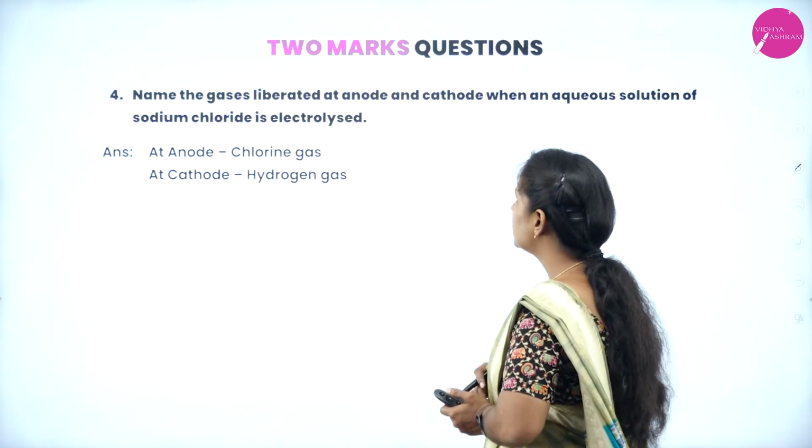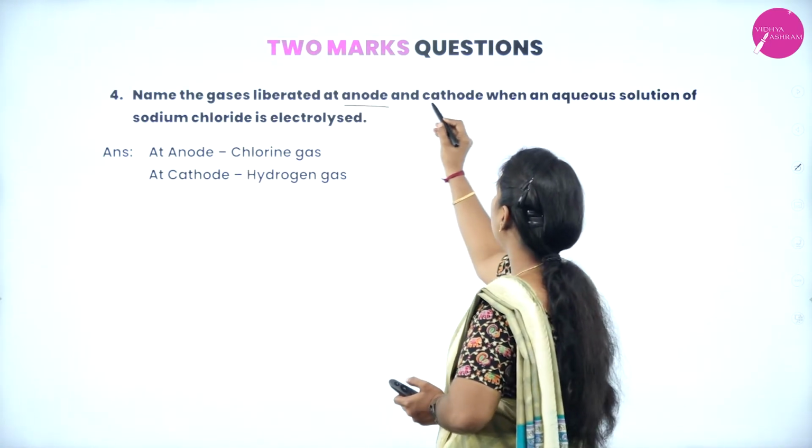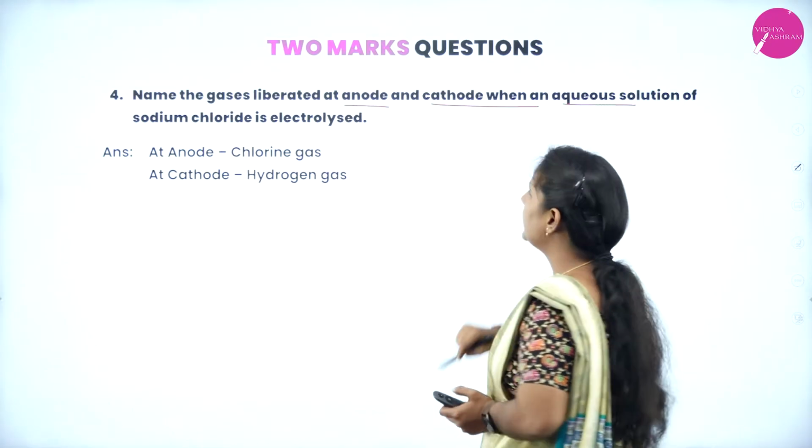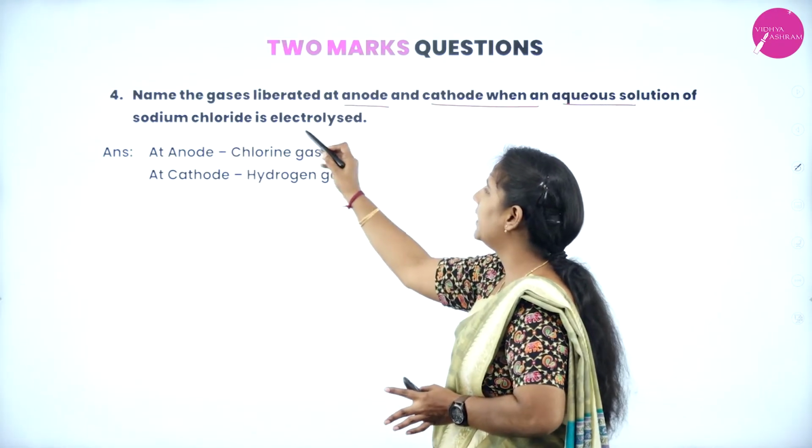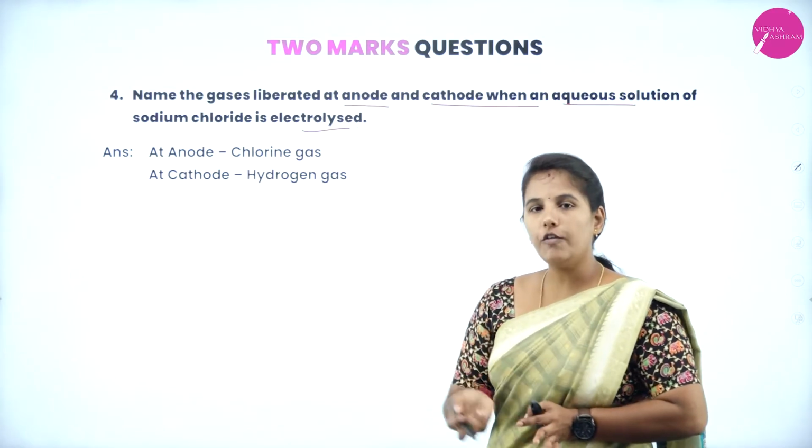Next, name the gas which has been liberated at the anode and cathode when an aqueous solution of sodium chloride is electrolyzed. What will happen?